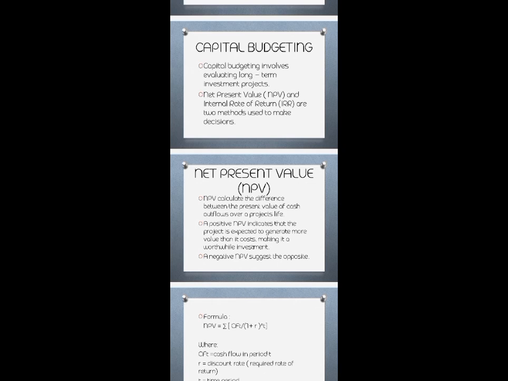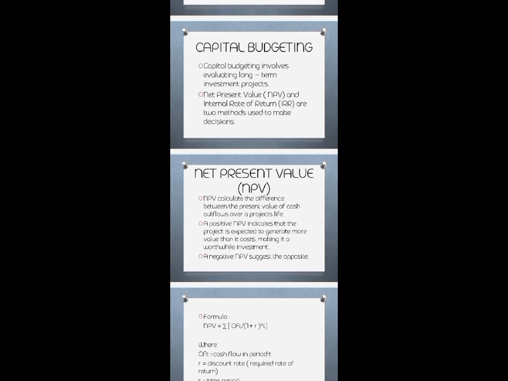NPV calculates the difference between the present value of cash inflows and the present value of cash outflows over a project's life. Using NPV, you can calculate the difference between the present value of cash outflows and the present value of cash inflows.